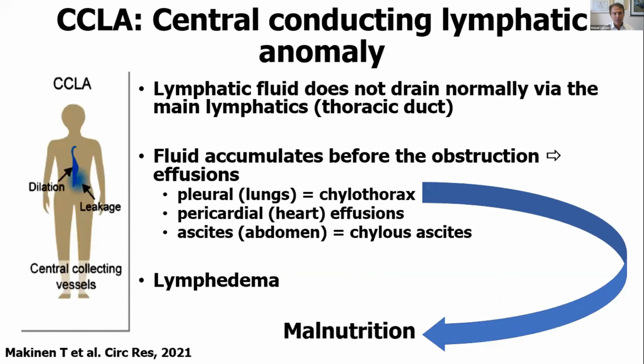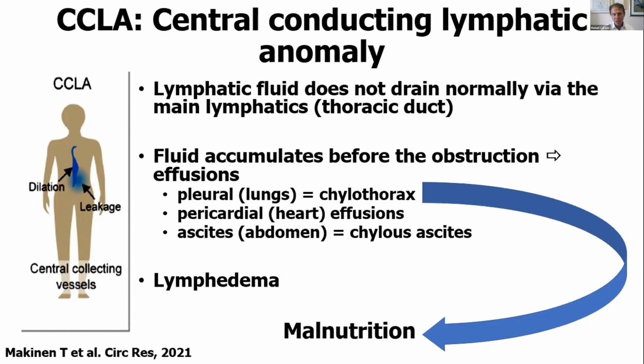The last one is central conducting lymphatic anomaly, or CCLA. And here it really is a problem in those main lymphatics in the central part of our body, in our abdomen and chest. And it's particularly in the thoracic duct. And the end result of that is there's essentially a blockage. The lymphatic fluid is just not returning the way it should back into the venous circulation.